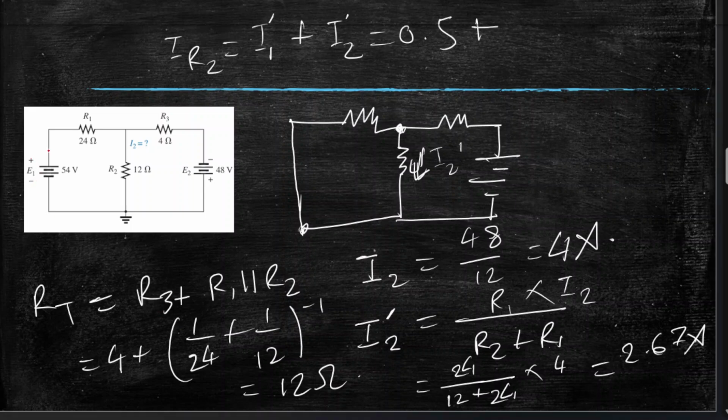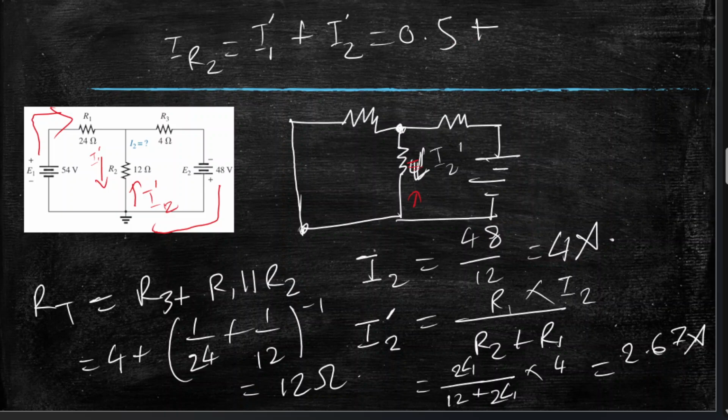E1 is having its current flow this way. E2 is upside down. Plus is down here. So the current is flowing this way. So I2 prime will actually be up here. So this is I2 prime. And I1 prime was going down here. So they're in opposite directions.